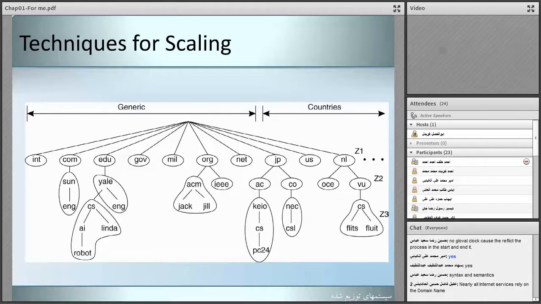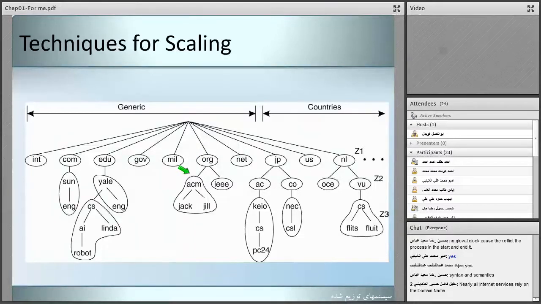For example, you type gil.acm.org. How are you connected to the server of this website? In the first step, you are connected to the server of org. In this server, you find the server of ACM.